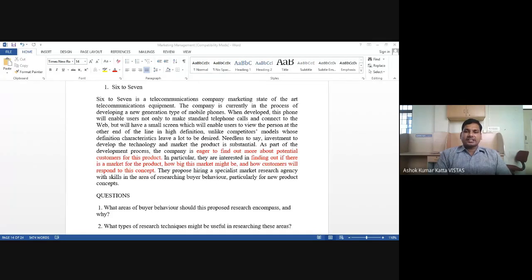So that is the reason the 6 to 7 telecommunication company is providing the components that are used in manufacturing mobile phones. For example, Samsung Mobile is going to manufacture a mobile. So what this company will do, they will provide bells, mics, like that. Now they are realizing that they are in the same field.